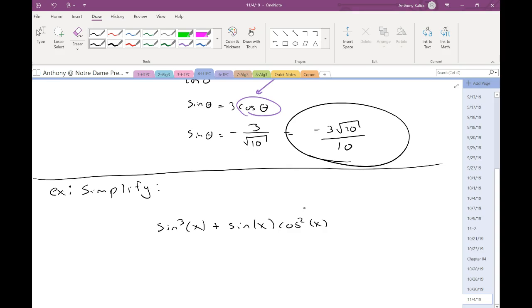So, let's take a look at this. Is there anything that we can do here? What would you want to do first here? So this is usually the hardest part for students, is coming up with what to do.